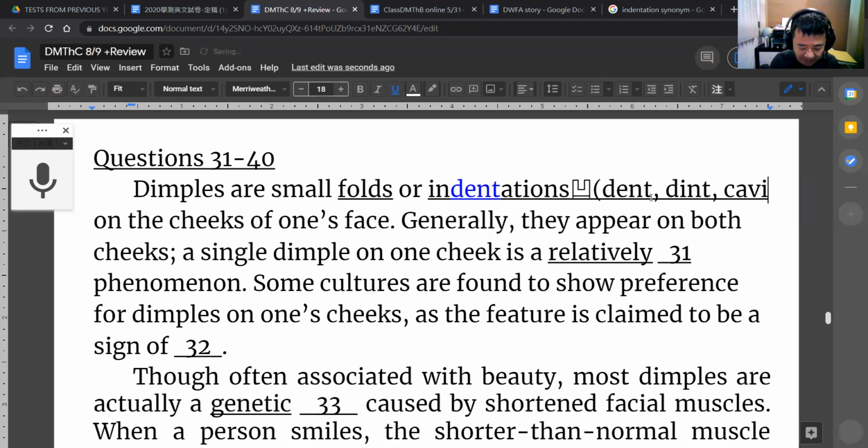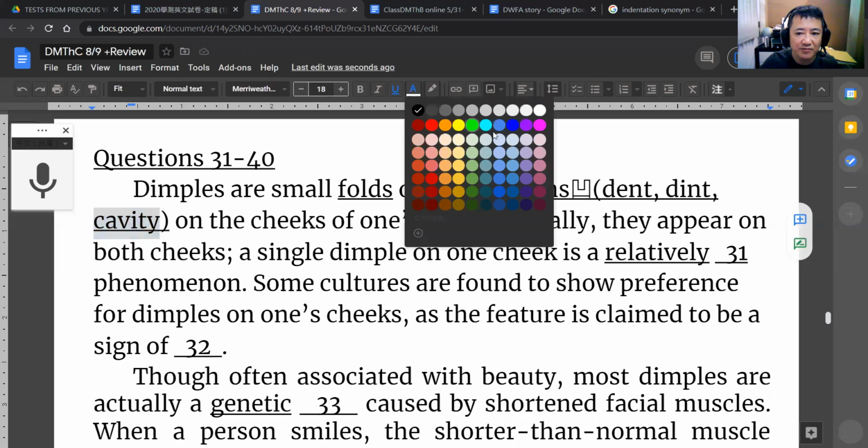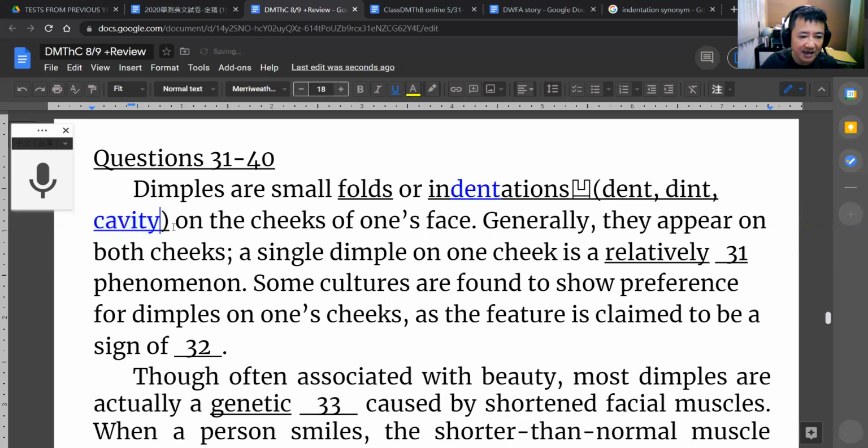Cavity, by the way, is the word for 蛀牙. If you are a dentist, a cavity is just on the tooth. It is just a dent, like a little hole in the tooth. So it's called the cavity. So there are lots of words for indentation. So dimples, 酒窝, are small folds or indentations on the cheek of one's face.